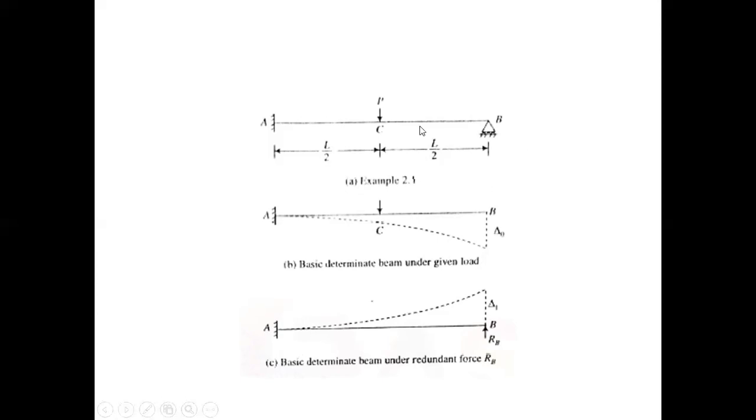Then we remove this support and apply an upward reaction, that is RB, and due to this reaction RB, there will be a vertical upward deflection, which we will call delta 1.